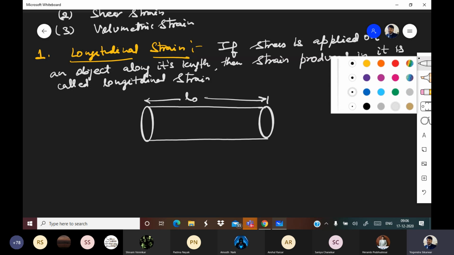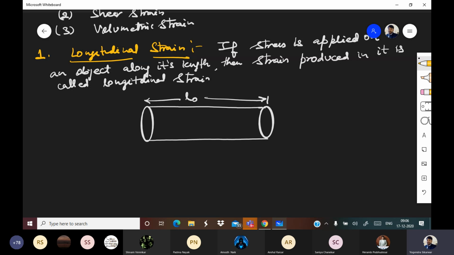Now, when you have applied the stress, the object will become like this.